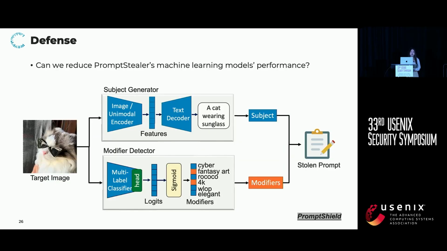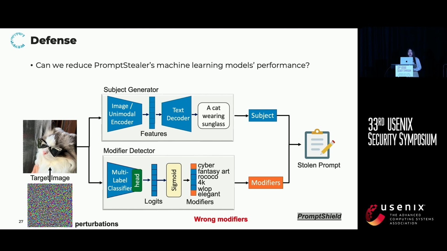And of course, we care about the mitigation, the defense against the attack. So when we look back at PromptStealer or any other baseline methods, we find that they all rely on machine learning models. So a natural idea is that probably we can reduce the performance of these machine learning models. One possibility is that we can add some perturbations on the target image, and then we optimize it, right?